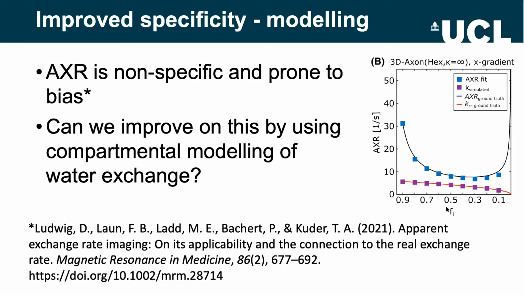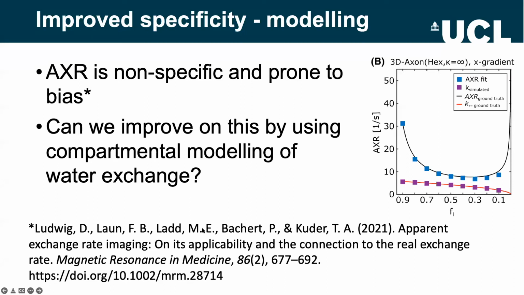And in this case, you can see that as you change this parameter Fi, which is the intracellular fraction within your tissue, in other words, how densely packed cells are, AXR estimates can vary quite substantially, with quite significant bias relative to the true exchange rate, which is shown in this red line at the bottom. So particularly at extremes where you have high or low volume fractions, you can get very severe errors in your apparent exchange rate, or at least contamination of the apparent exchange rate, which makes it much more difficult to interpret.